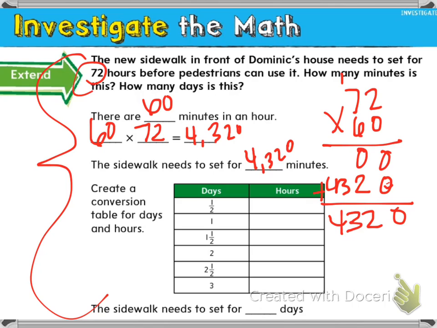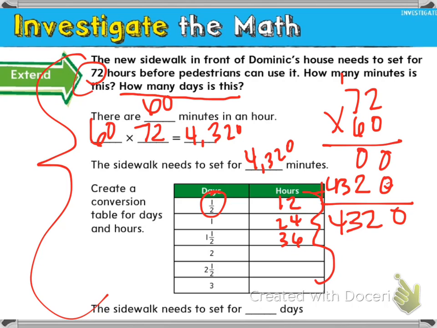Okay, the second part was how many days is this? So we need to create a conversion table for how many days that equals. We know that half of a day right here is 12 hours. One whole day is 24 hours. 1.5 is going to be 24 plus 12, which is 36. Do you guys see a pattern yet over here?